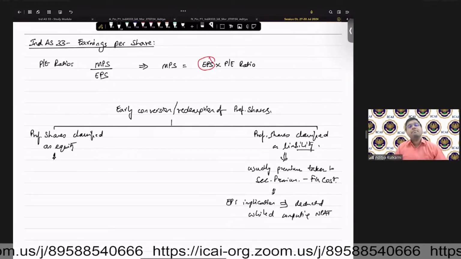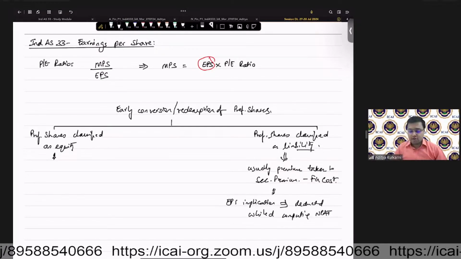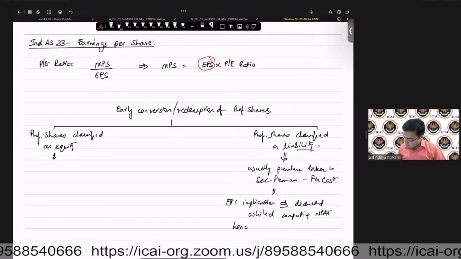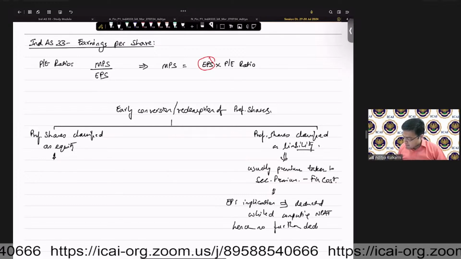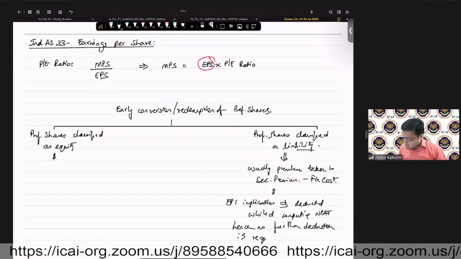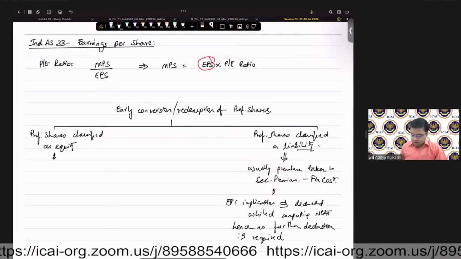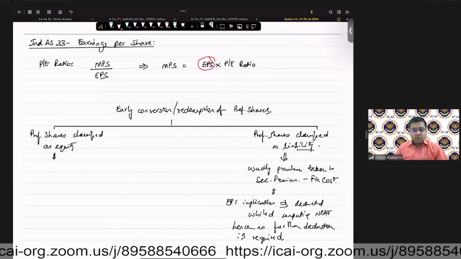Why deducted? Because this is in line with the fact that it has gone into finance cost. Hence, no further deduction is required.